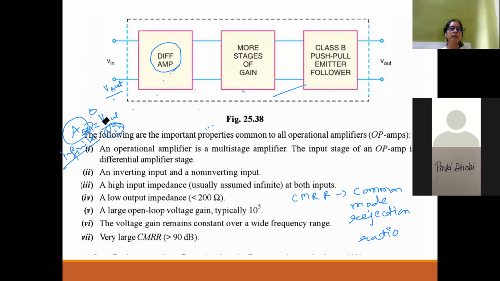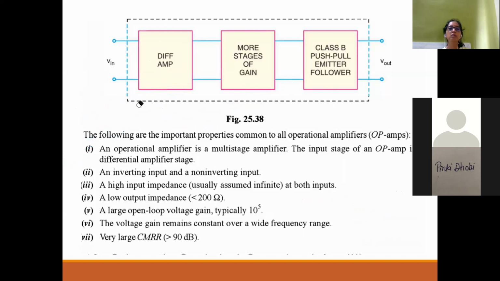We are defining ACM, that is, we are defining common mode gain, which is nothing but the output upon input, right? So output has some, suppose, finite value. Input is the difference of two inputs, non-inverting input and inverting input, right? Their difference is input now.